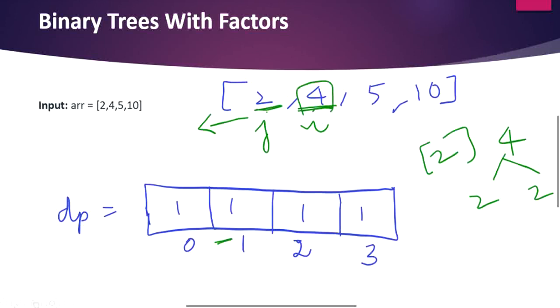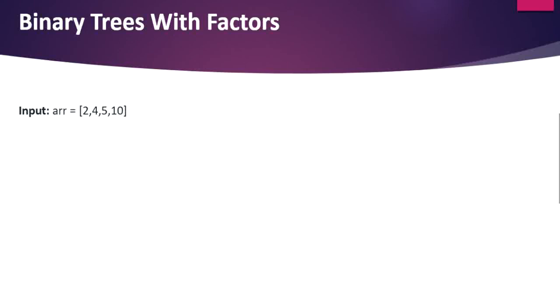After filling all the cells in the given array, that is for every element how many trees can be formed, we are going to return the sum of this array as the result, that is the total number of trees that can be formed.